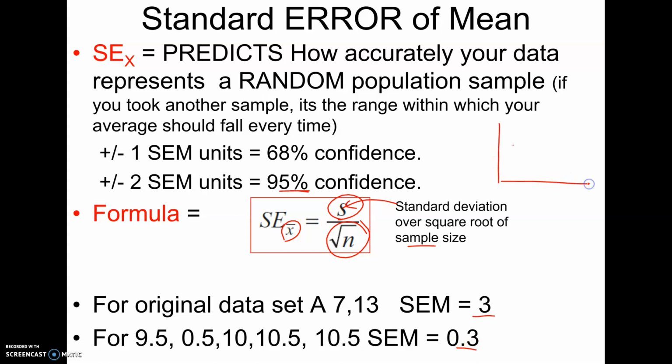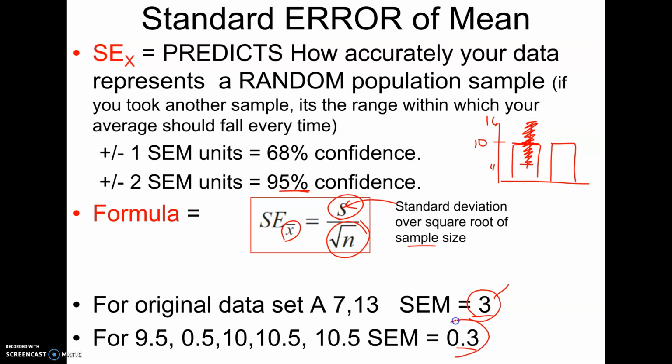In other words, if I had a graph and it had two standard error of the mean bars on it, I would have to go double this. I'd have to go up 6 and down 6, and that would mean that my real average, if I repeat this experiment, I'm 95% confident it should be somewhere within here, which means I'm not all that confident that the average is 10, right? I'm thinking the average could be anywhere in this shaded area.